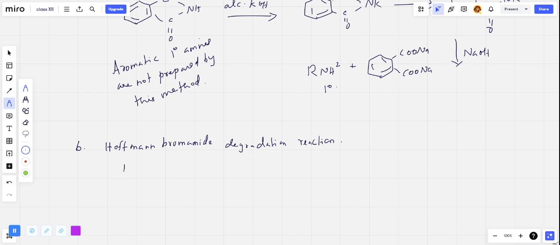So that means you are taking amide, RCONH2. When it is treated with bromine and NaOH, we will get primary amine, RNH2 plus NaBr plus Na2CO3.